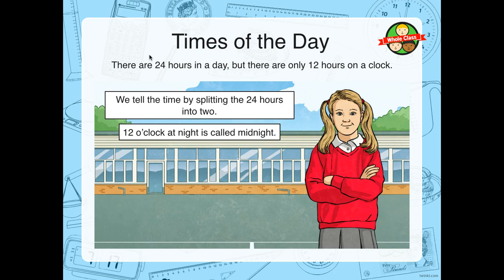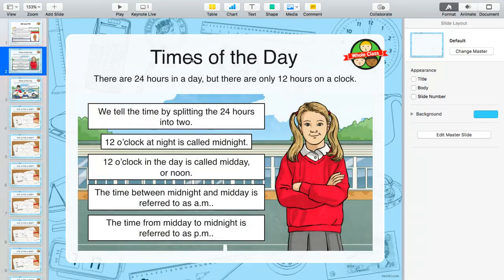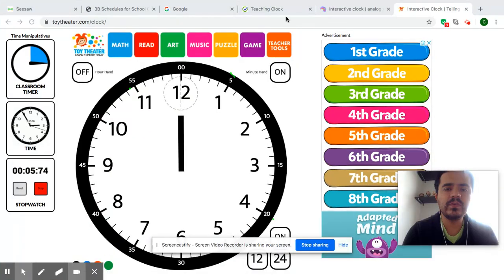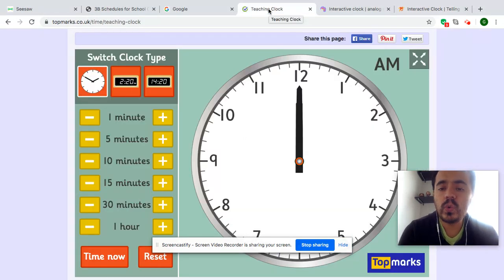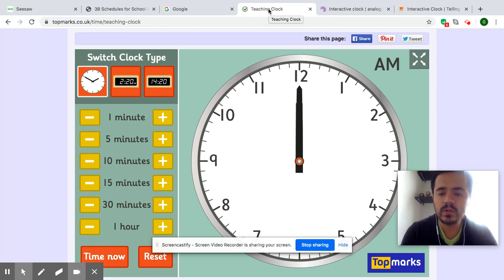Every single day, it doesn't matter if it's a Monday, a Tuesday, or a Wednesday, every single day starts at 12 o'clock. If you guys remember, 12 o'clock means that both hands, the minute and the hour, are going to be pointing at the 12 at the very same time, as you can see here on the screen.